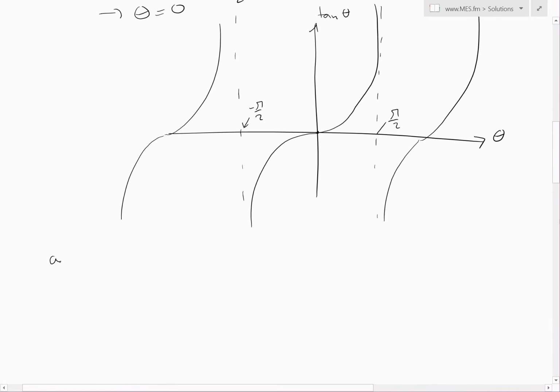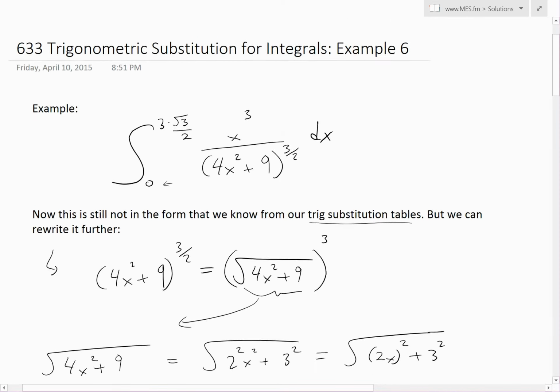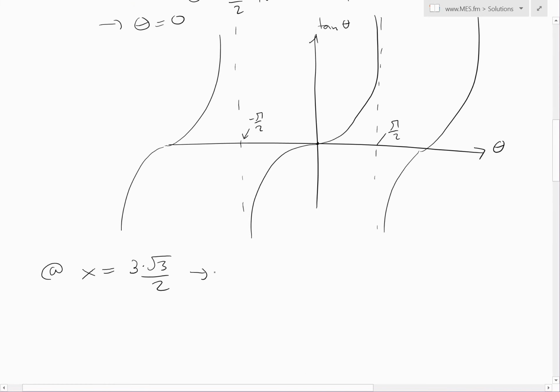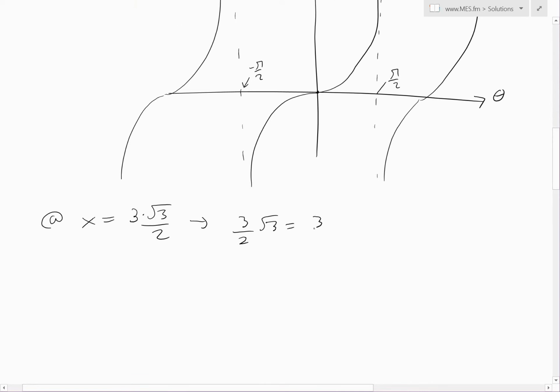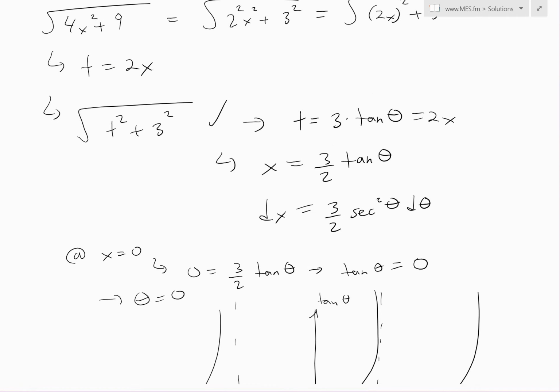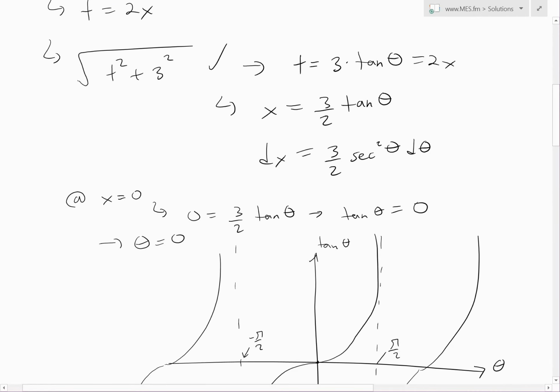And now at x equals 3 times square root 3 over 2, which is this term right here, we get 3 square root 3 over 2 equals 3 over 2 tan theta. Scrolling back up to here, that's because there's a 3 over 2 there.